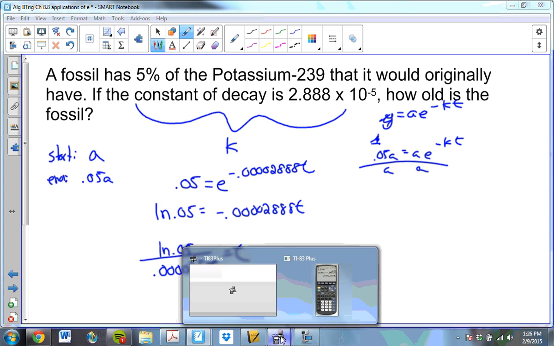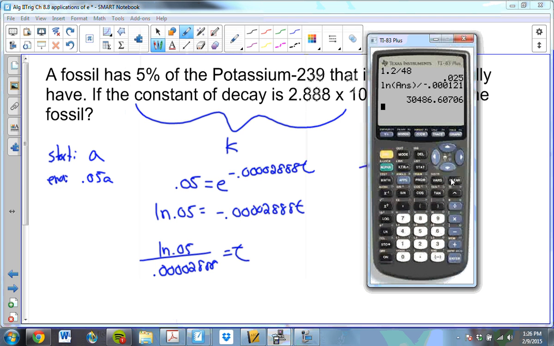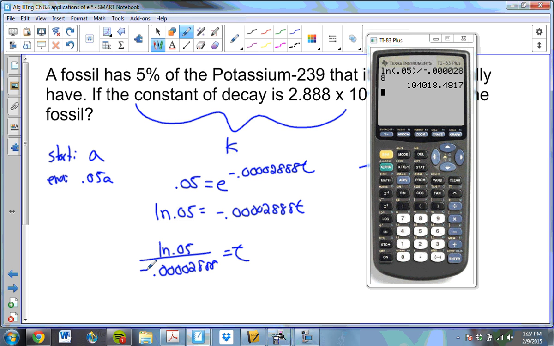Do that math. 104,018. So t is about equal to 104,000 years.